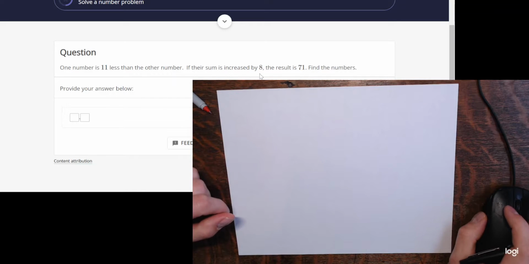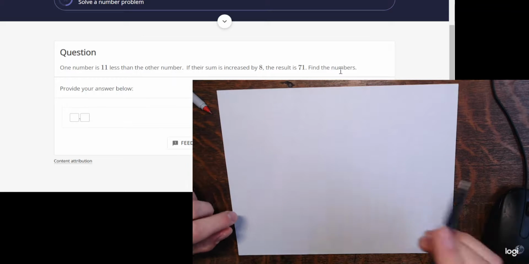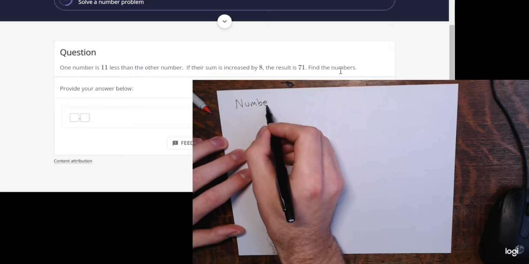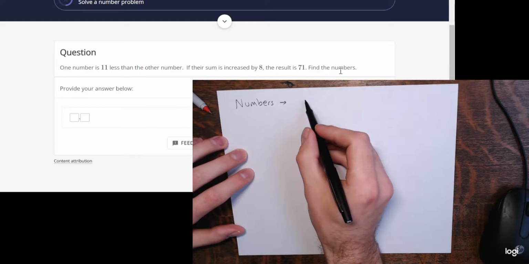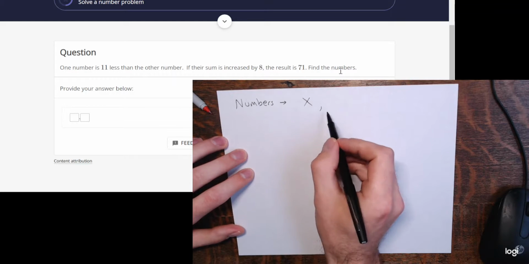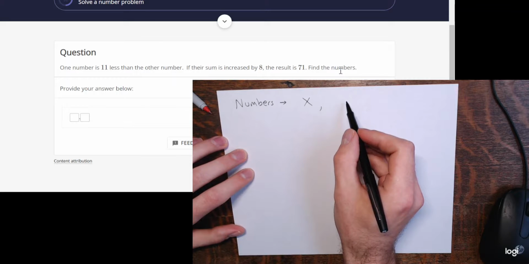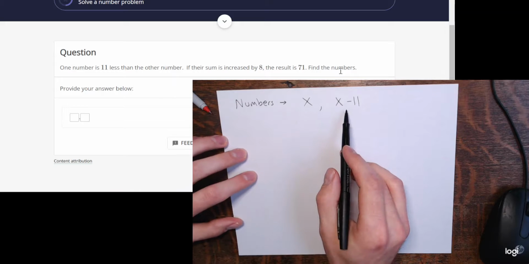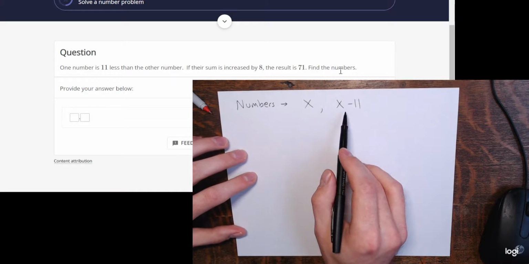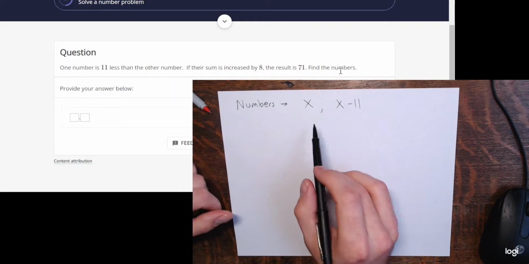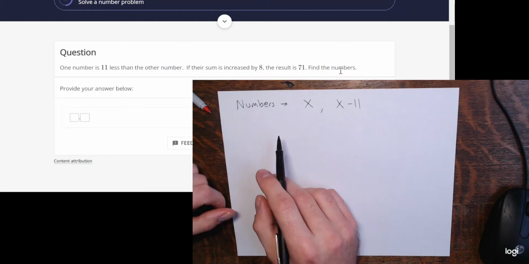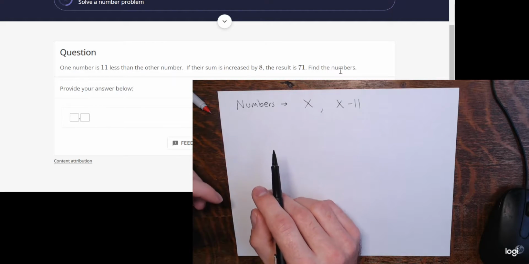If their sum is increased by 8, the result is 71. Find these numbers. So I'm going to have two expressions for these numbers that we're looking for. I'll call one number x, and the other number was 11 less than that, so x minus 11. You could call them x and x minus 11, or x and x plus 11. It really doesn't matter, as long as their difference is 11, or as long as one is 11 less than the other one.